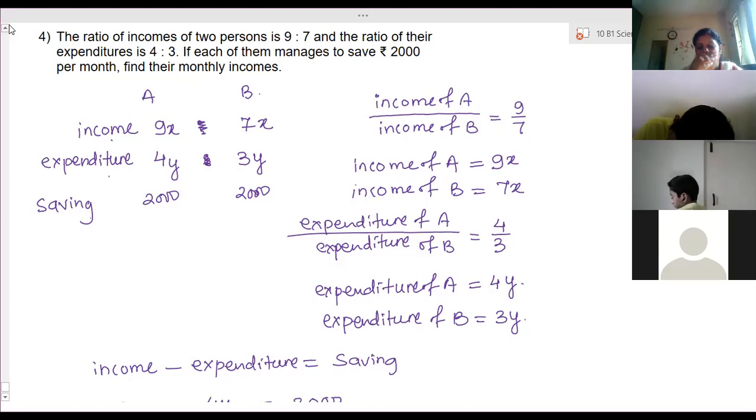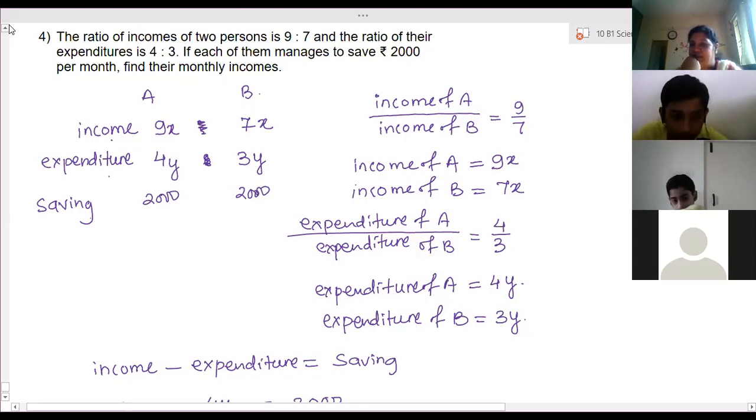Ma'am, but here what can we take? Let the value of x be... No, you can't do anything here. x is a multiple of the income ratio. But we don't have to write that, right? We are not supposed to. Ma'am, could you please scroll down?